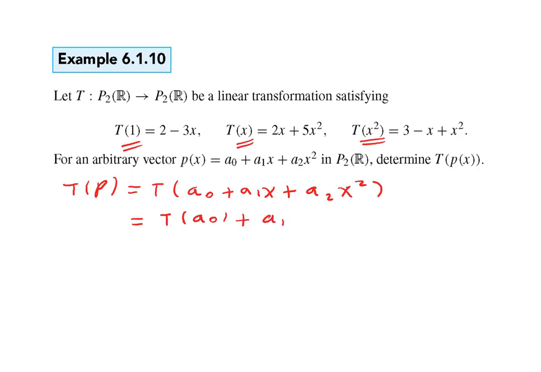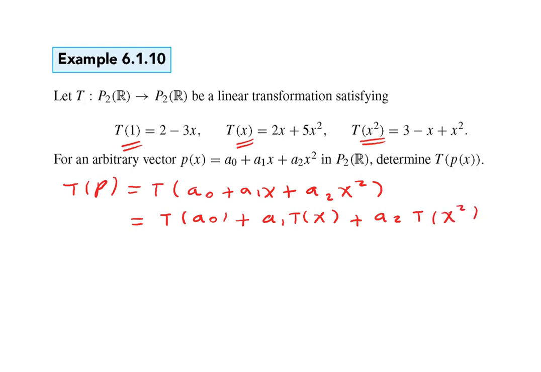That's why I say it's 2 in 1. T of x plus T of a2 x to the second, which is the same as a2 T of x to the second.